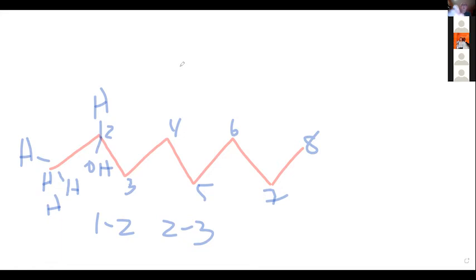Now, if we put it at carbon 2 to carbon 3, how many hydrogens does carbon 3 get? Just 1.